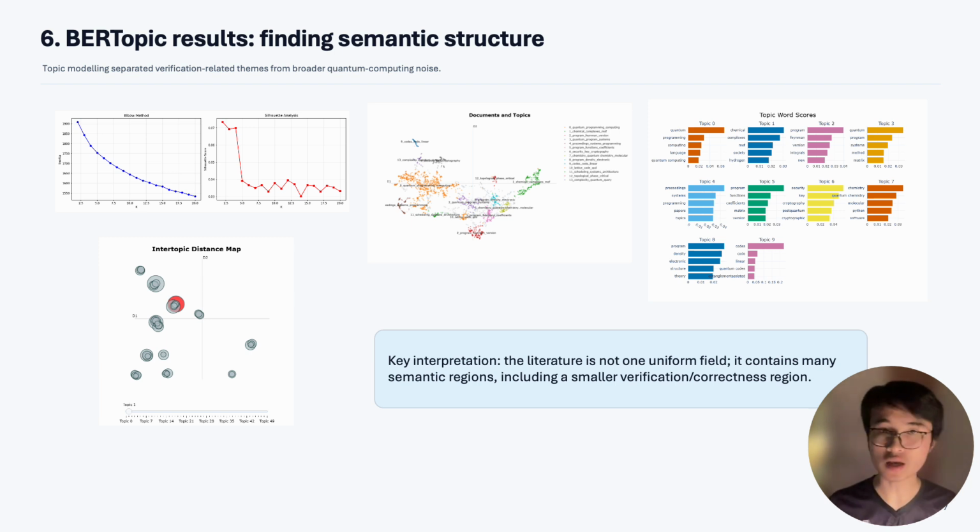The inter-topic and document-topic visualization showed the dataset is semantically diverse. The key point is that verification-related papers are present and they sit inside a much wider quantum computing and programming language space.